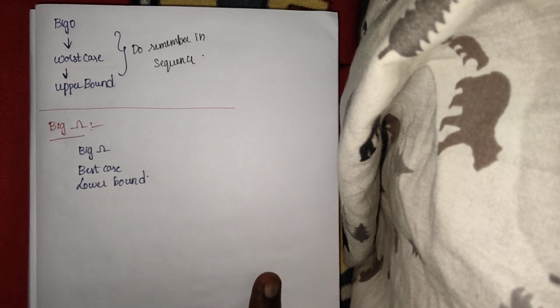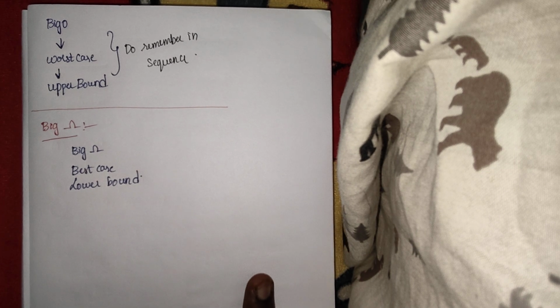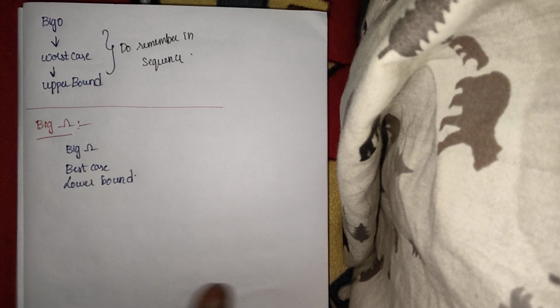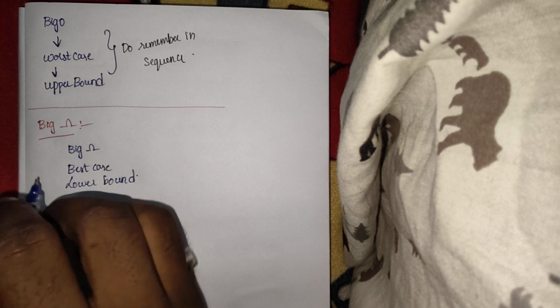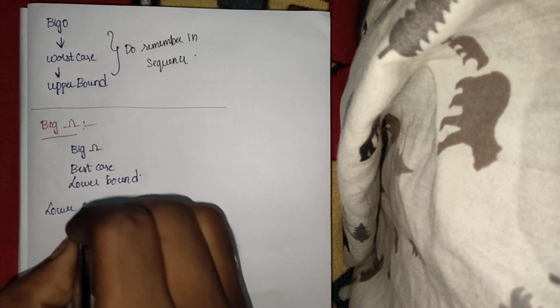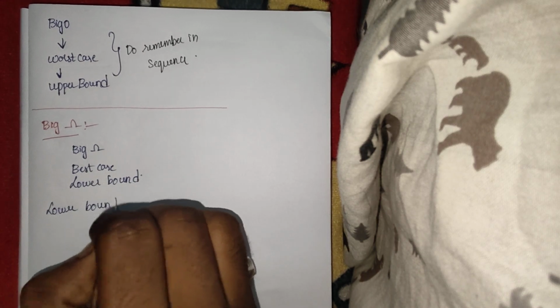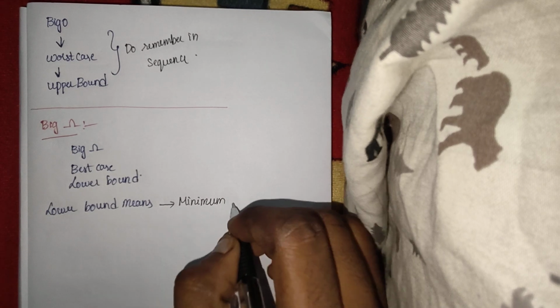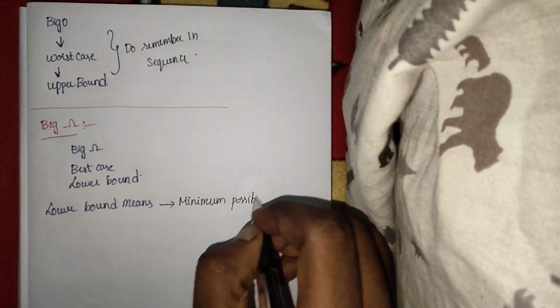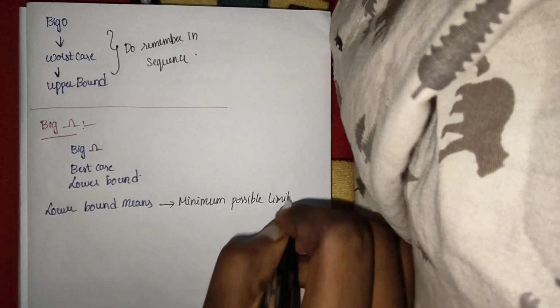As I have explained about the bound in the previous one, big O, lower bound means minimum possible limit.